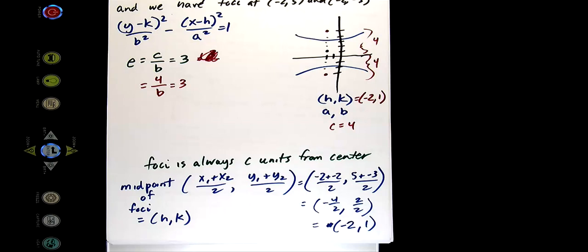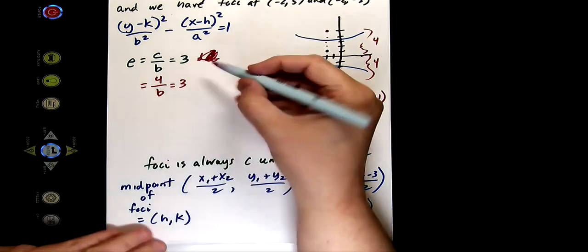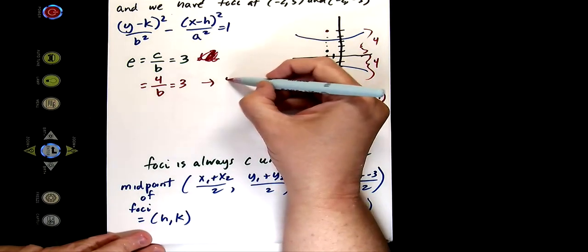So can I find B now? I could clear the fractions. If I clear the fractions, I get 4 equals 3B.